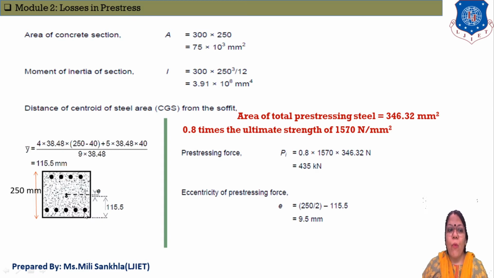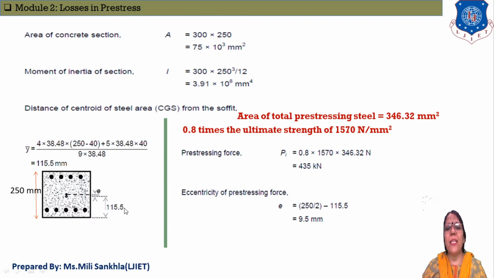Now second, the bottom zone: 5 into single wire 38.48, and from this point the distance is 40, multiplied with 40, that is our y2. A1 plus A2 is the area of the total number of bars, top and bottom zone, 9 into our single wire area 38.48. Finally my answer is 115.5 mm, that is the y bar from the soffit, that means the bottom end of our cross section. Look at this, this is our 115.5.